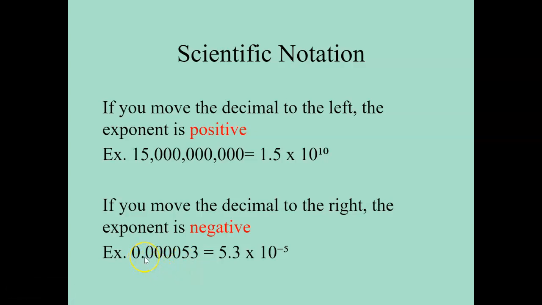So then we just move our decimal and count how many times we have to move it, right? 1, 2, 3, 4, 5. So 5.3 times 10 to the negative 5 would be our scientific notation. And again, this is negative because we moved the decimal to the right, okay? And that's just a refresher.